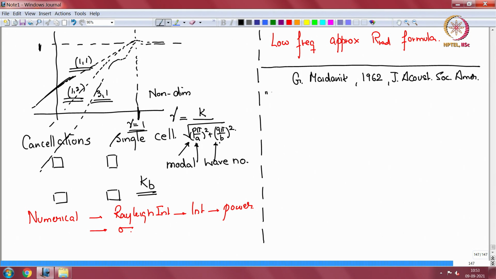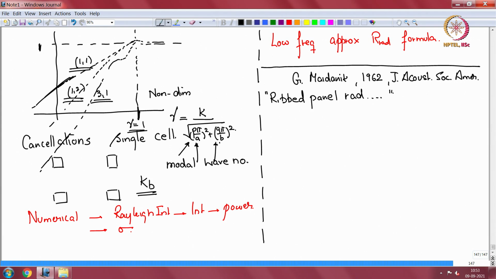Title is something like ribbed panel radiation efficiency or sound radiation. I'll give you the exact title maybe next time. If you type this in Google Scholar, you'll immediately get it. So this is a very key paper.